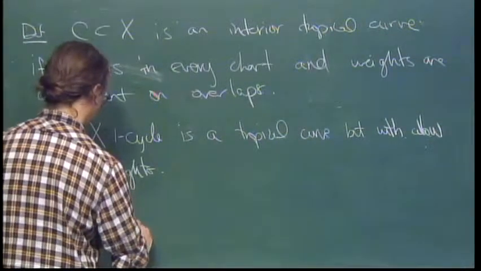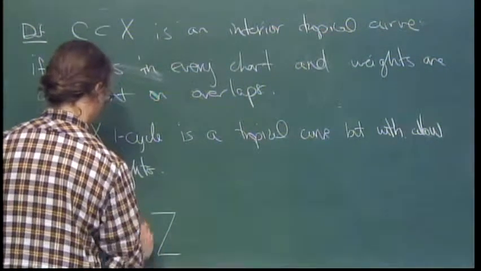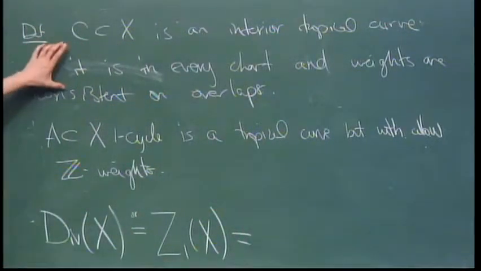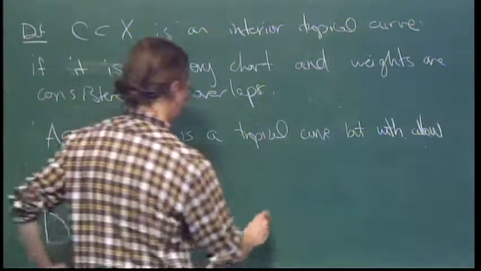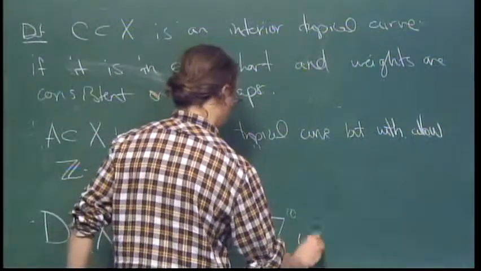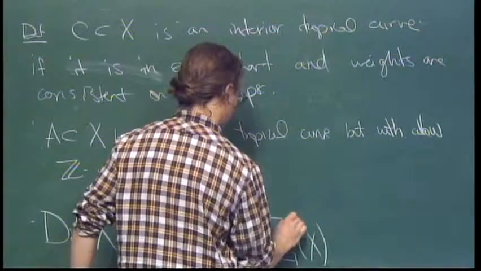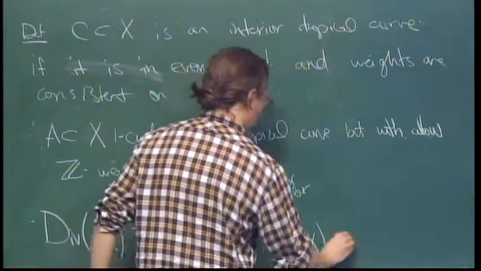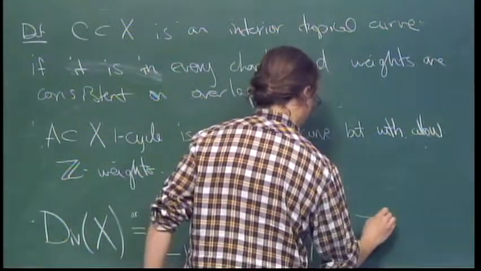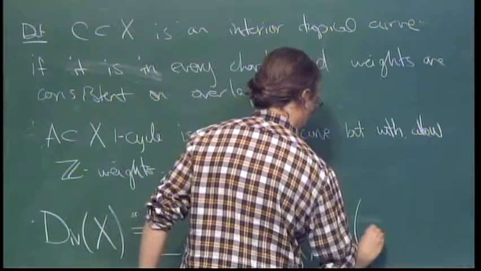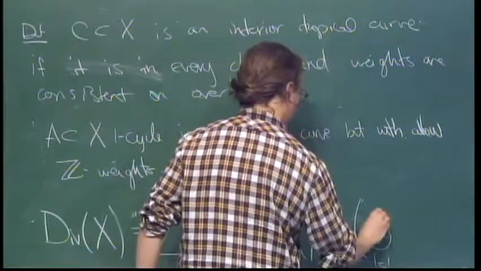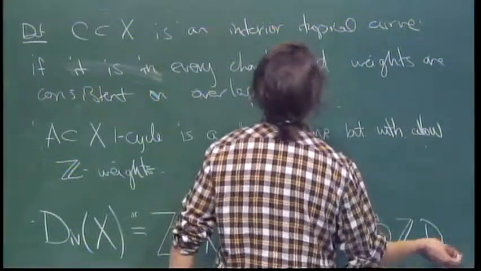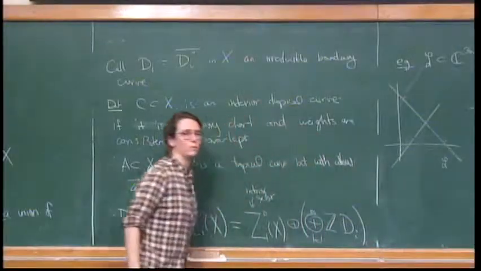So I'll write them like this. It consists of the interior cycles. So these are interior cycles. And then we have, for each boundary divisor, we can take any multiple of it, our irreducible boundary curve, and we have some cycle.